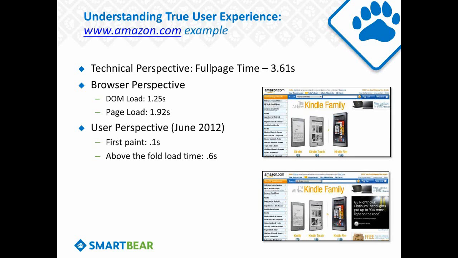But more interestingly, and to me what I consider a really game-changing perspective, is the user perspective saw that that first image at the top right was visible to users in 0.1 seconds, and then the web page went through a series of changes where the ads on the right-hand side rendered, but that the page was stabilized in the visible viewport by 0.6 seconds.